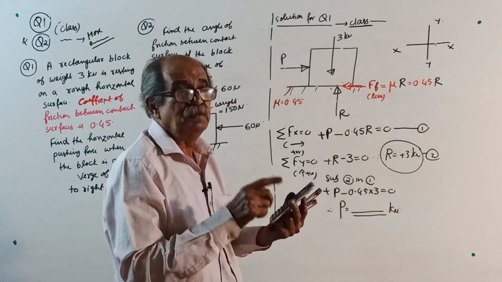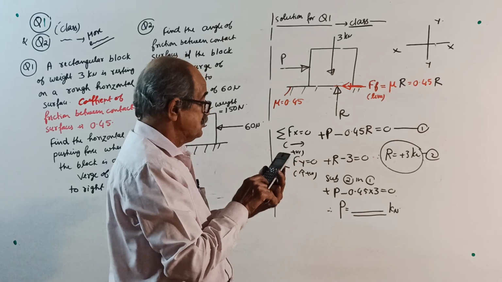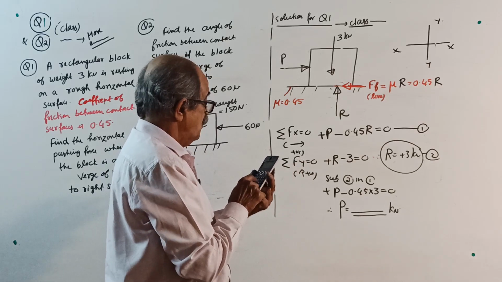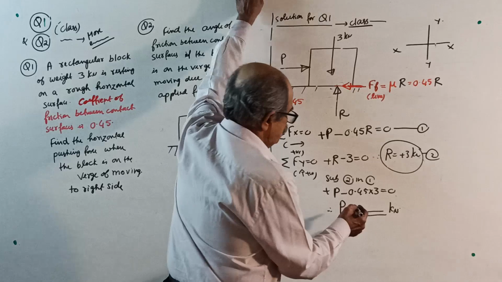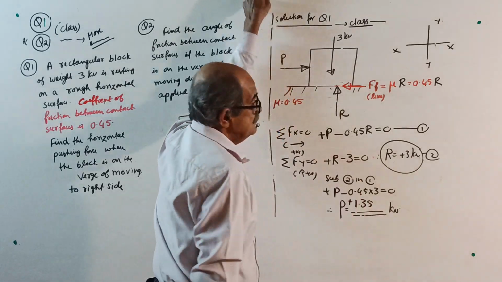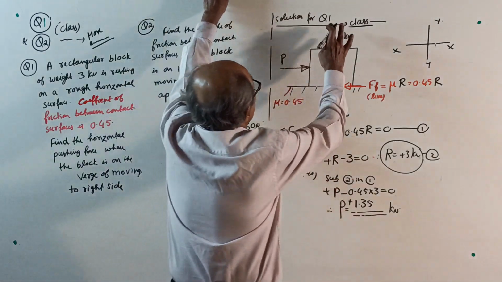Tomorrow there is more explanation when the force is inclined, etc. So many things I am explaining in tomorrow's class. 0.45 into 3 is 1.35 kilonewton. Tomorrow's class is very, very important. This is the answer for question number 1. Now, I will solve question number 2.